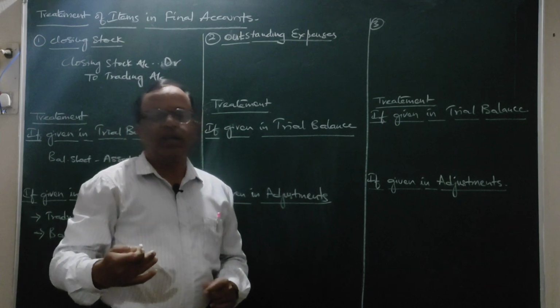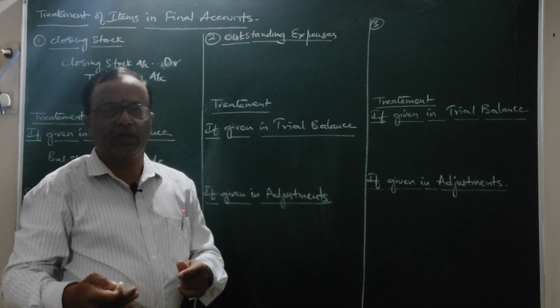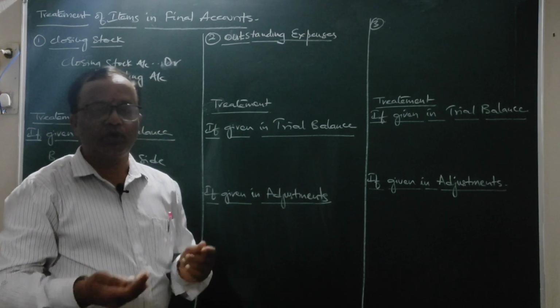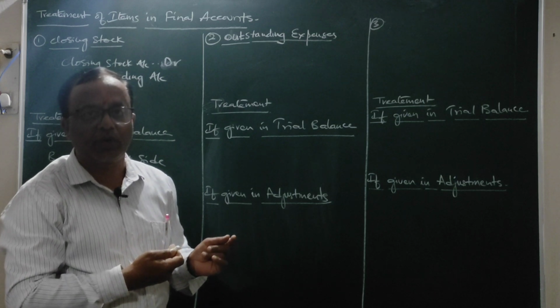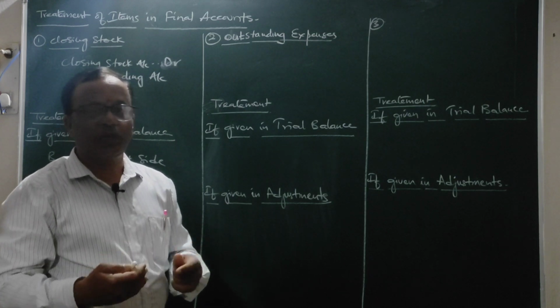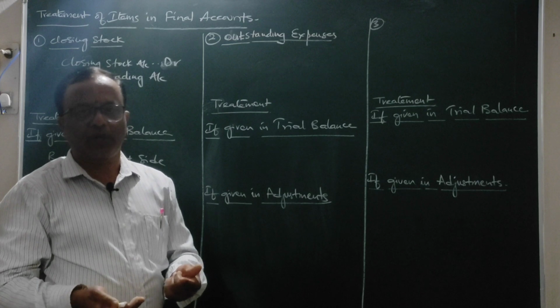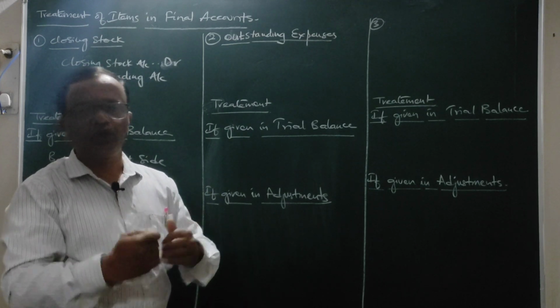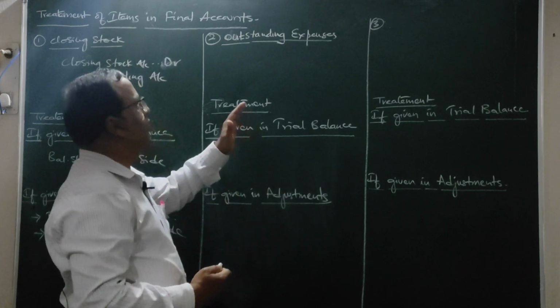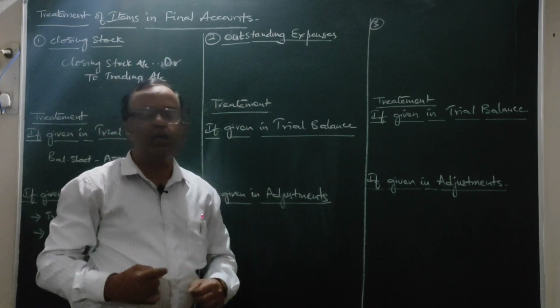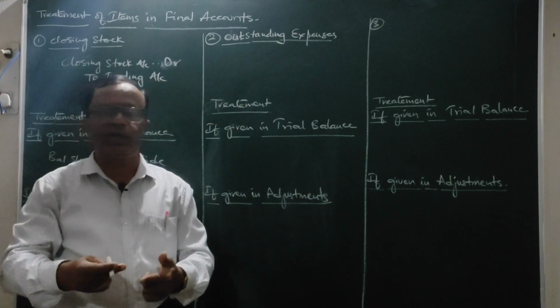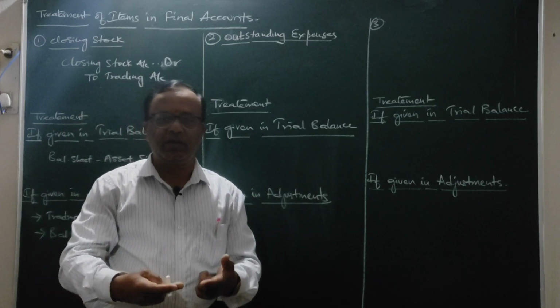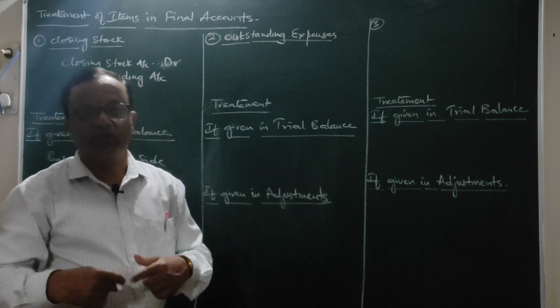Just like salaries that are due to be paid for the year but you have not yet paid, because we are preparing our final accounts on accrual basis. Expenses paid as well as payable we should take into account. Similarly, incomes received and receivable for that year we should also take into account. So outstanding expenses are expenses due but not yet paid, like outstanding salary, outstanding rent, outstanding wages.